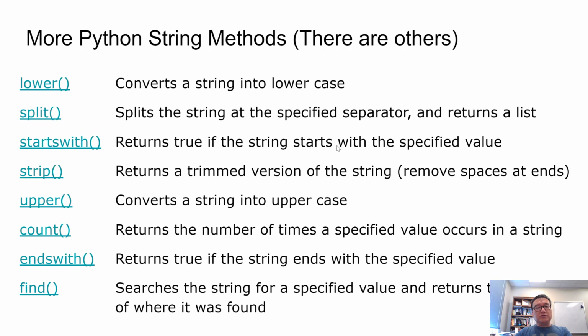So the returned string may be shorter, but it will not start or end with white space. upper will convert the string into uppercase, and count will return the number of times the specified value occurs in a string. The value would be a string, so it could be a character, a string of length 1, or a longer string. It will check how many times that string appears in this string.